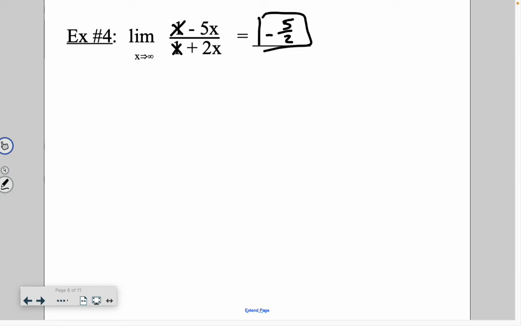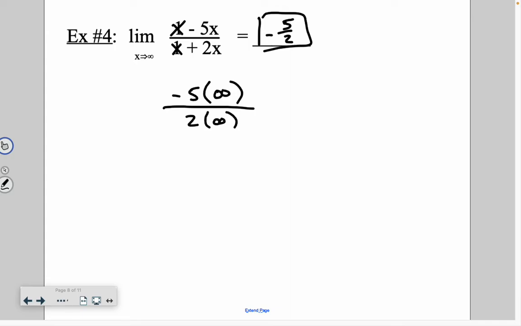The reason you can do that is, let's say we now substituted in our infinities, if you will. We'd have negative 5 times infinity over positive 2 times infinity. When we're multiplying by infinity, isn't that really growing at the exact same rate? Which means multiplying the top and bottom by infinity, isn't that really just 1?